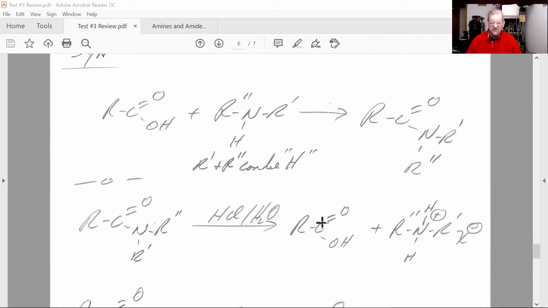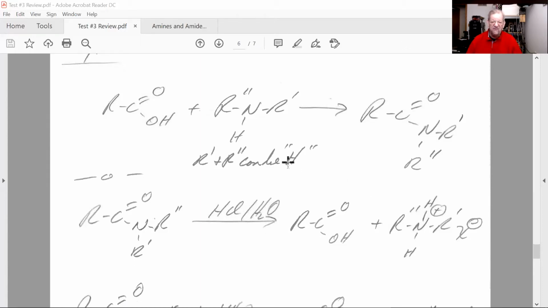What happens is you get back the carboxylic acid you would have used to make that amide, but not the amine. Remember, amines are bases. In the presence of acid, you'll always get the amine salt. R prime and R double prime here and here can be hydrogens.